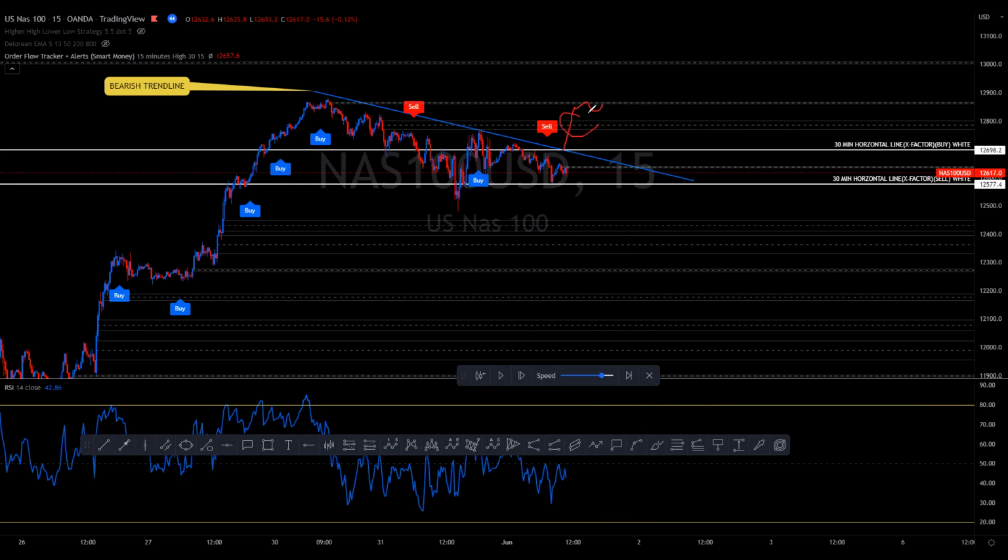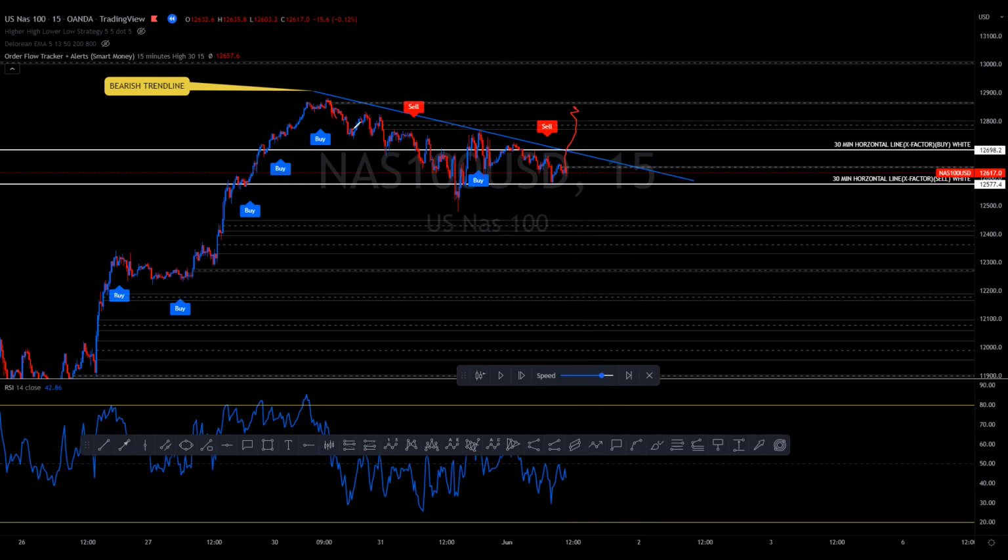Which imbalance gap is the closest to price that will make it easier for them to actually fill, make their money back quickly, so they can move on to the next imbalance gap and make their money back and then proceed forward. So I concluded that even though price is overall bearish, I could see them pulling price back up at least to this point here.